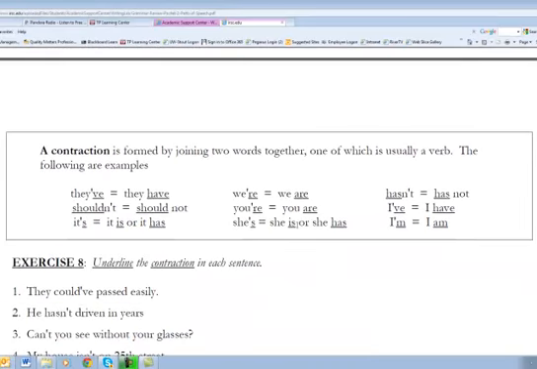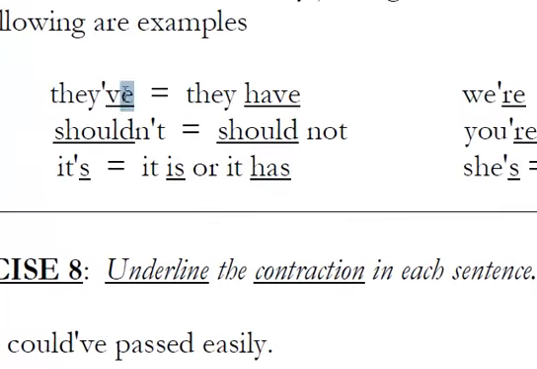Okay, so sometimes our verb phrases can be split up, and this is something to remember. Another helpful thing to remember about verbs is that we have contractions, and contractions are formed by joining words together. One of them is usually a verb, such as they've for they have, or shouldn't for should not, or it's for it is. You do need to be careful, though, that when you have a contraction, it doesn't mean that the entire thing is a verb.